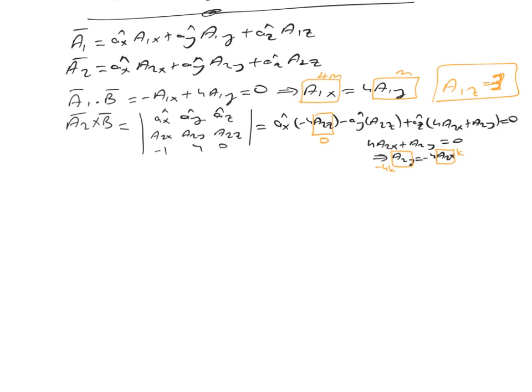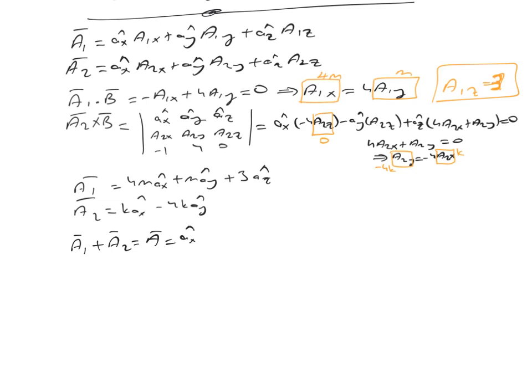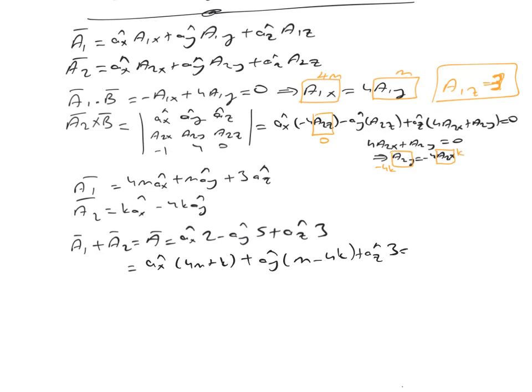If we use this information, vector A1 is equal to, and if we use this information, vector A2 is equal to, and we know that the addition of vectors A1 and A2 is equal to vector A, and it is equal to, and by using this information we can write this addition as, and it is equal to vector A.